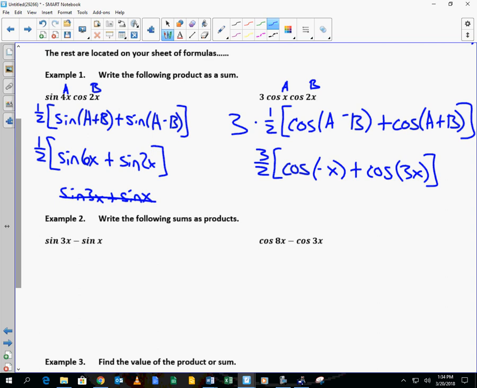Hey, something's wrong here. I can't leave a negative angle. Why? Yep. Due to your even and odd identities, we know that cosine, you can just simply take the negative angle and make it a positive because it's an even function. And there you go.